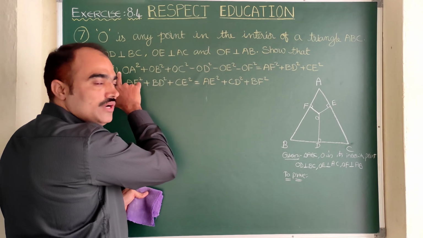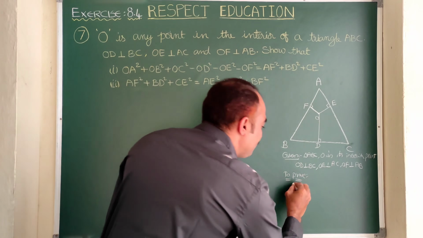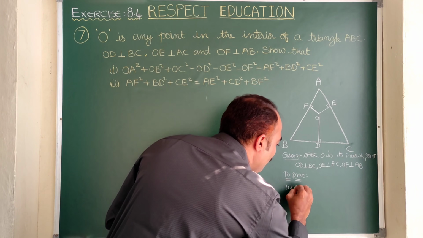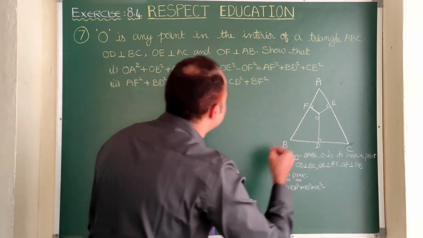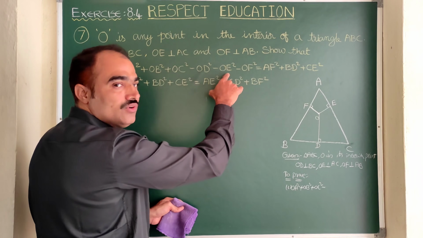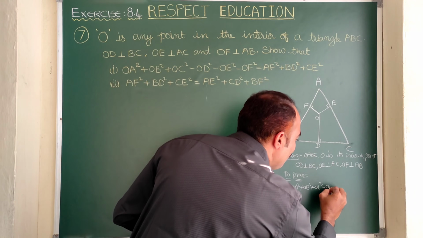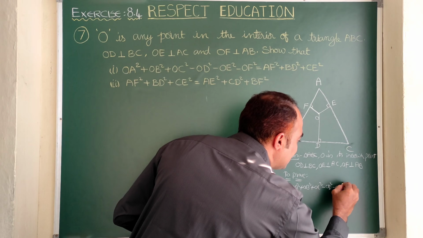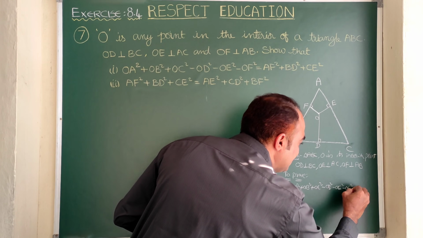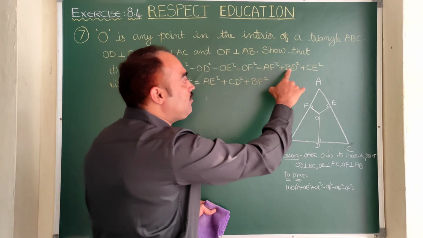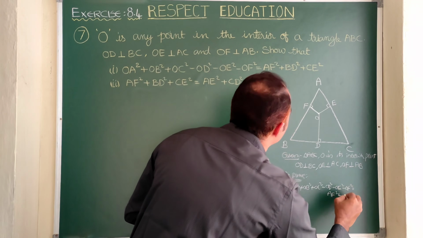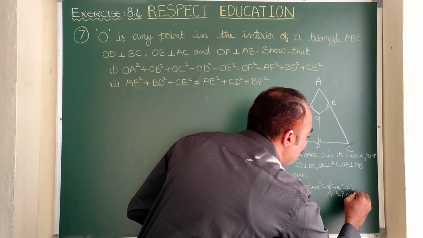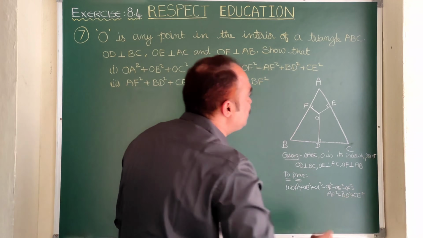Let us write OA square plus OB square plus OC square. The first bit is OA square plus OB square plus OC square minus OD square minus OE square minus OF square. This is equal to AF square plus BD square plus CE square. Here I am writing AF square plus BD square plus CE square. This is the first bit.